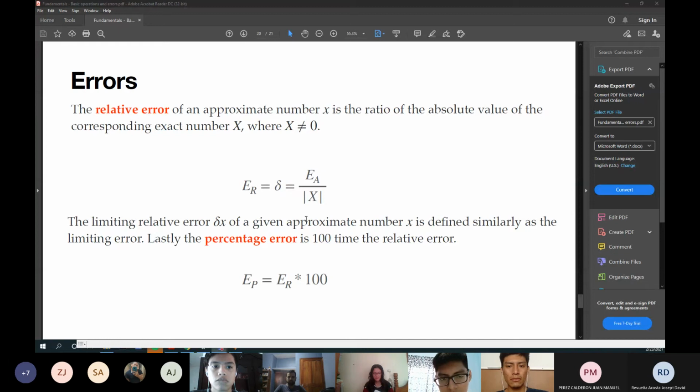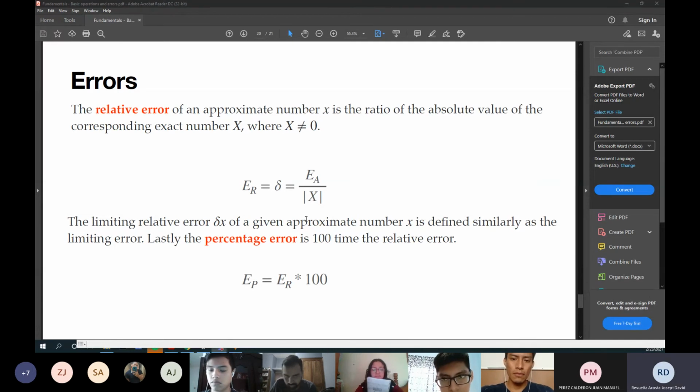But it's going to be exactly the same definition. Okay? And lastly, the last type of error is the percentage error. Okay? The percentage error is actually the relative error times 100. That's going to be the percentage error. ¿Sí, cuánto dije que era el relativo con esperanza? Esperanza.